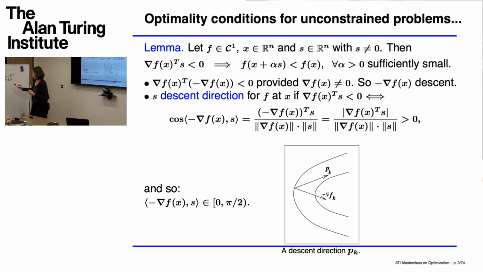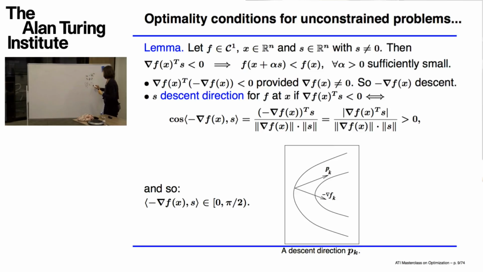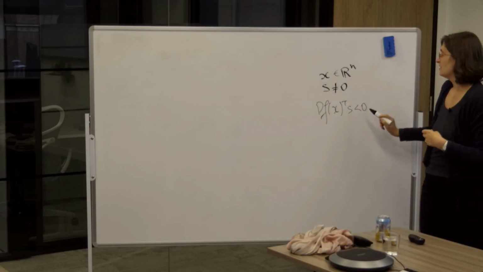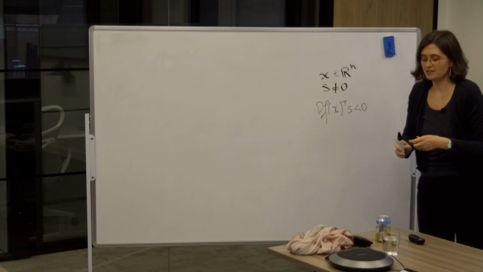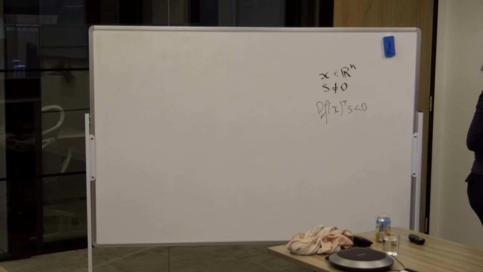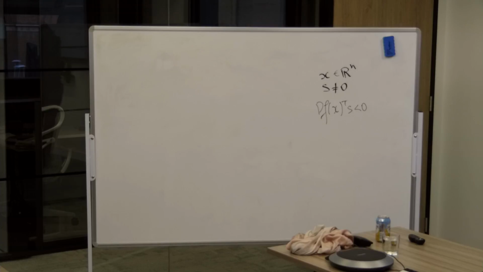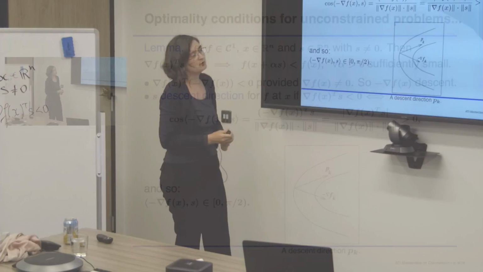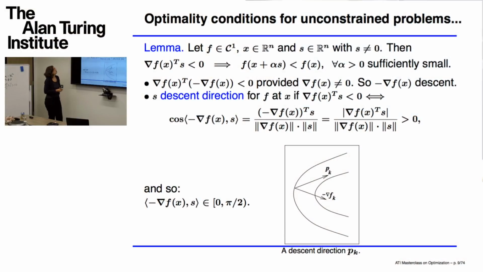So if I have this property that the gradient of f transpose s is negative, then my function will decrease along this direction s for alpha sufficiently small and positive. Okay, I don't have time to give a proof, but it's quite easy to prove this using first order Taylor expansions.